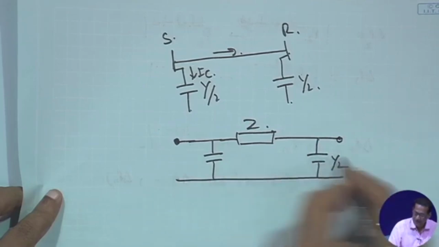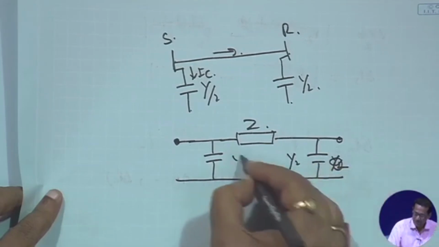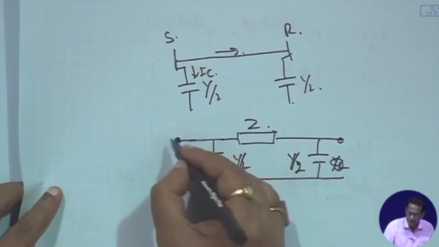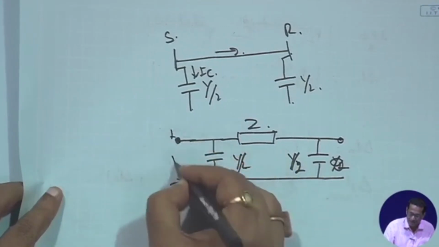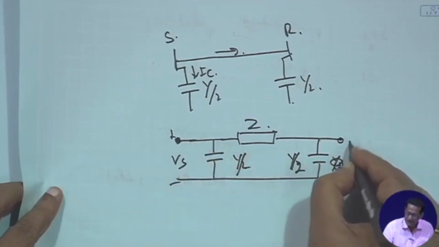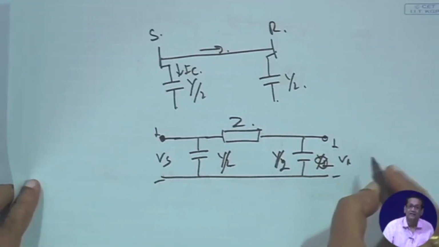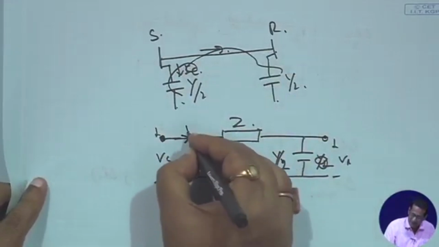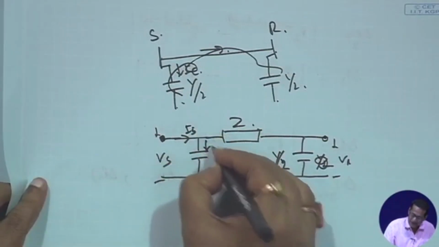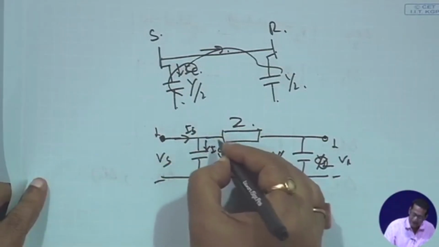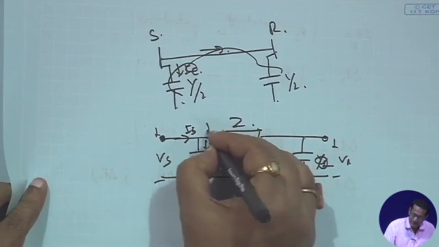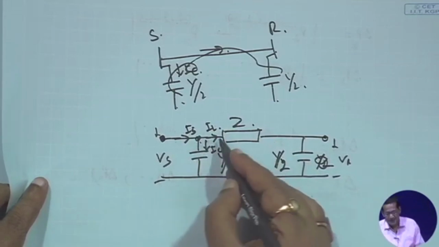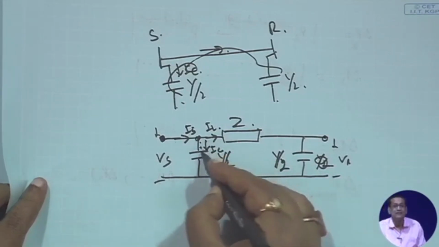This is the sending end current, and if this current is I c and this one is the line current I L, then applying KCL at this point, I s is equal to I L plus I c.